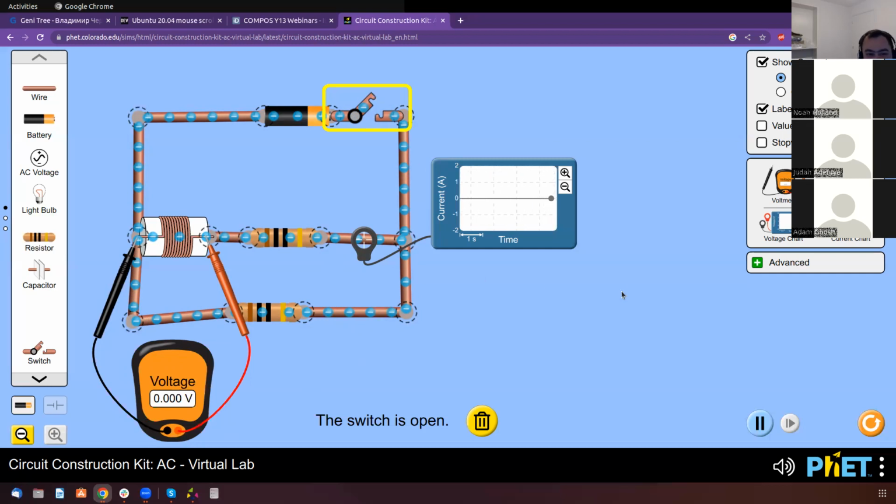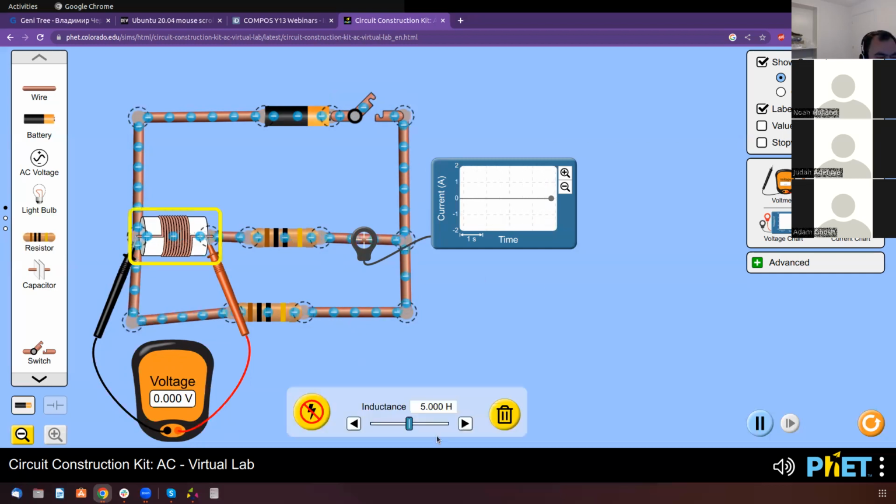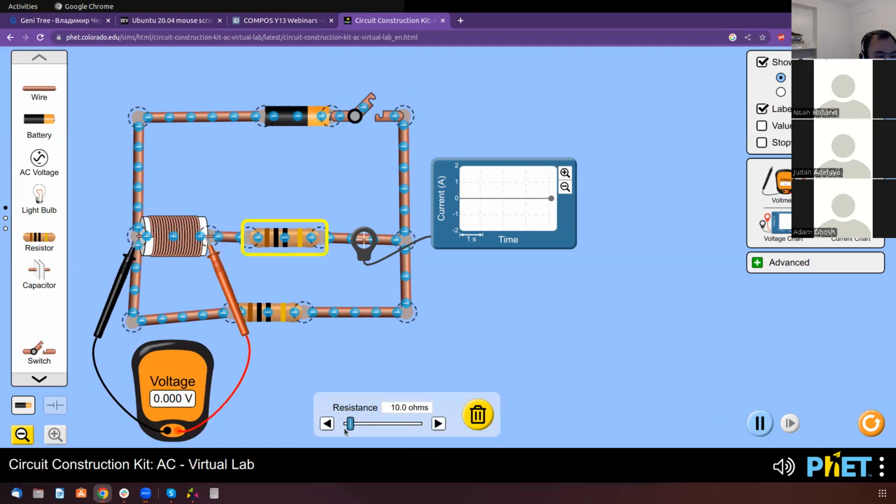So look once again. Let's increase the inductance and reduce the resistance, I guess. Actually, no, this one. Let's make it 10 ohms. Oh, actually, we need to increase the resistance. Yeah, let's increase the resistance.